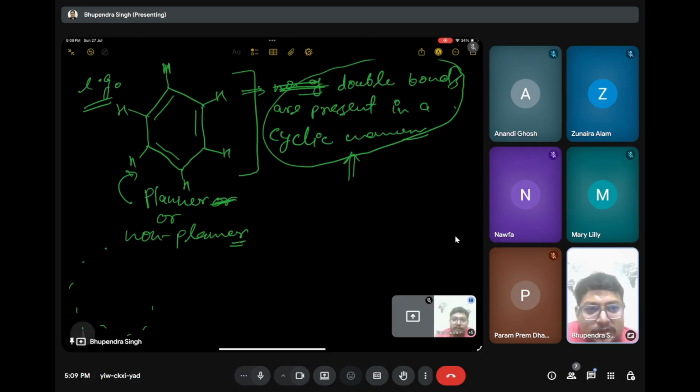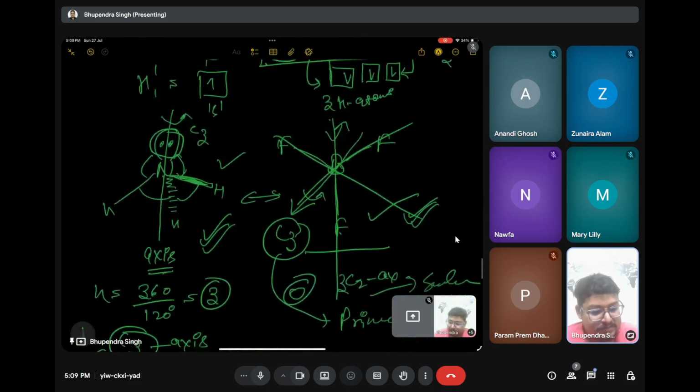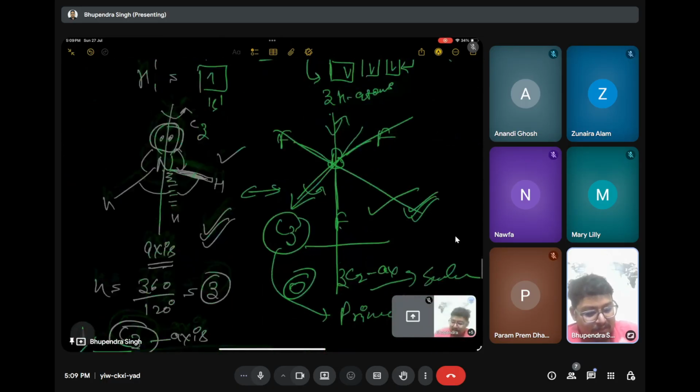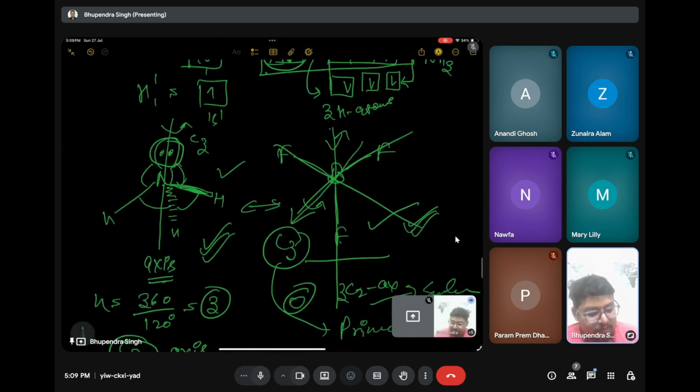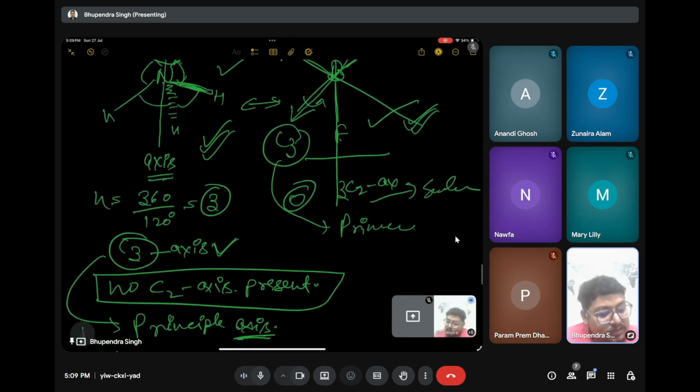As I've already told you, if the molecule is planar, it has higher symmetry compared to the non-planar molecule. You have seen one example of that also. See this example, NH3 and BF3. Here you got only a C3 axis for NH3. But for BF3, you got C3 and also 3 C2 axes.